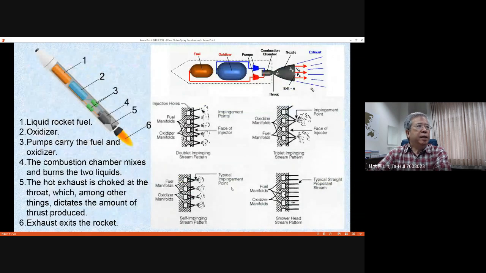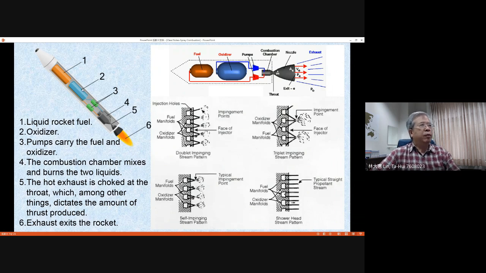And here there is another application, the liquid rocket engine. These figures show a typical liquid rocket engine, which mainly comprises several sections, 1 to 6. Because we are talking about a liquid rocket engine, the fuel is liquid, and the oxidizer is also liquid. So you will have two chambers, number 1 for the liquid fuel and the other for the liquid oxidizer.